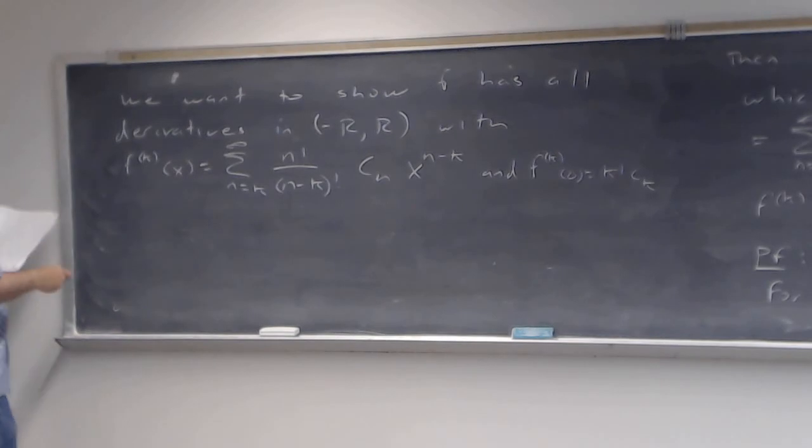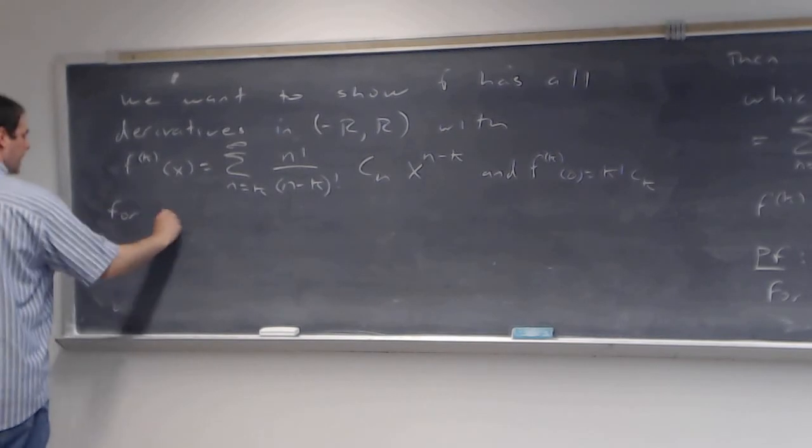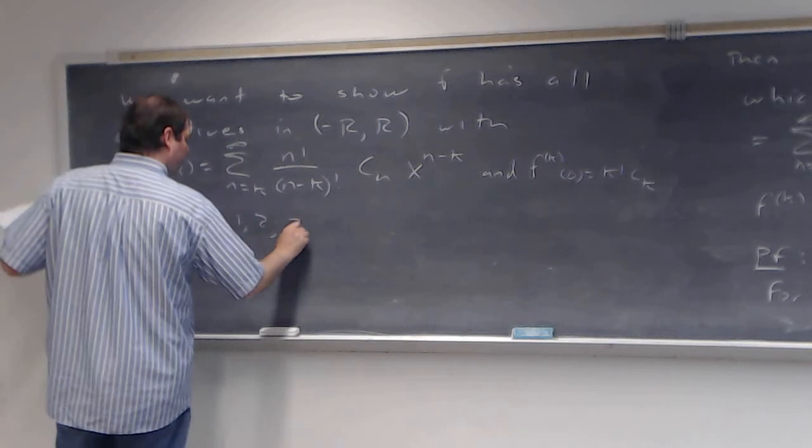And that's supposed to be true for k equaling 0, 1, 2, 3, forever.